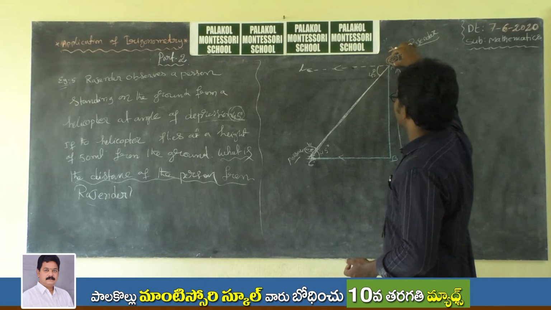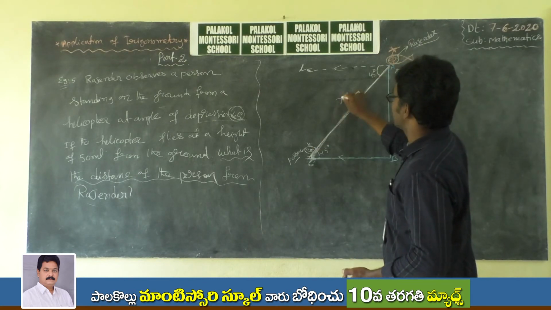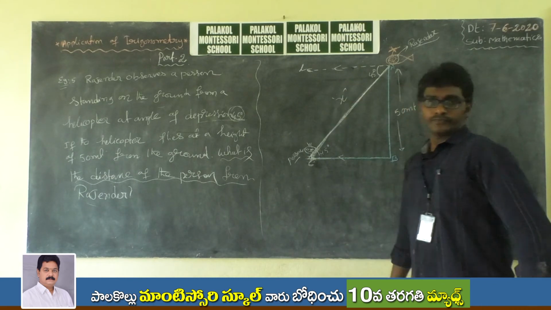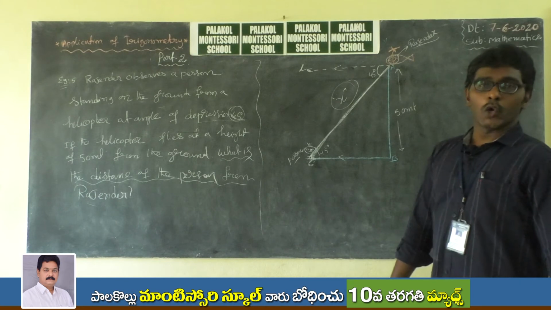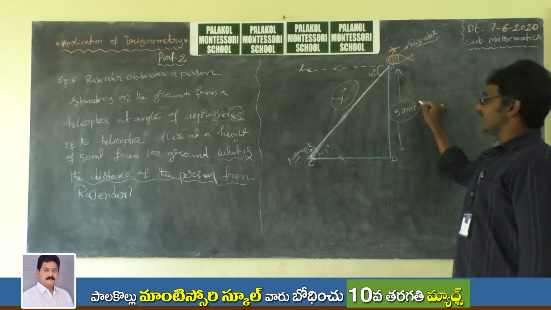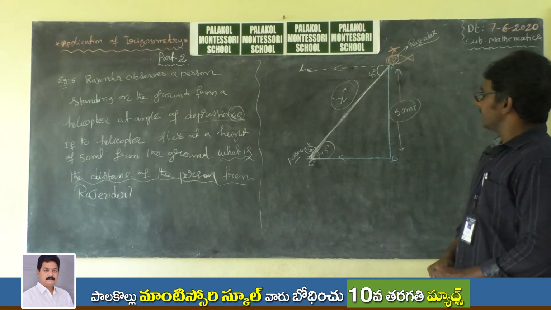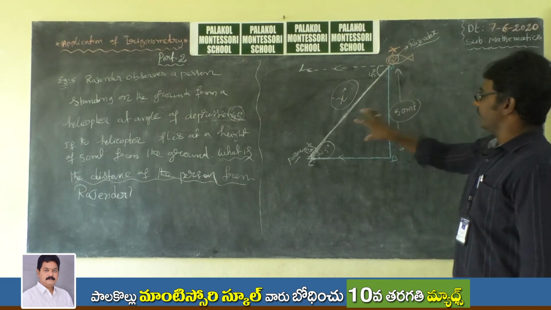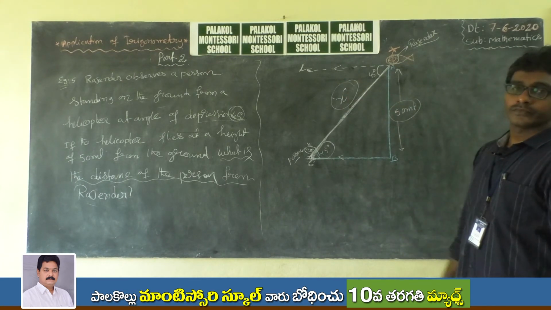What is the distance from Rajendra to this person? You find that, I say x. So x is unknown, 50 meters is known, 45 degrees is known. What is the relation between 50, 45 and x? First, choose it.